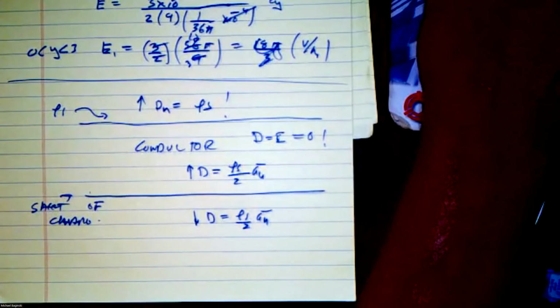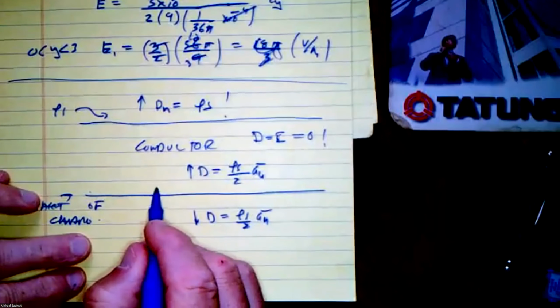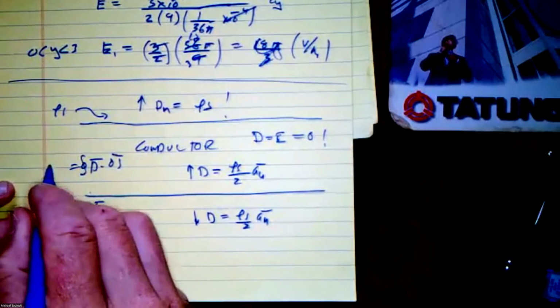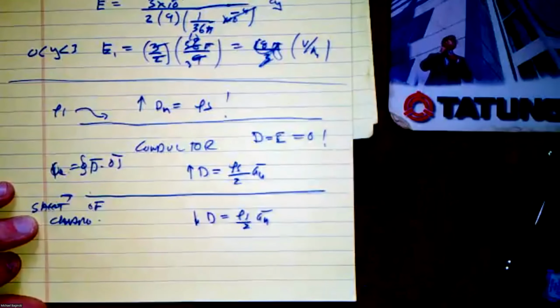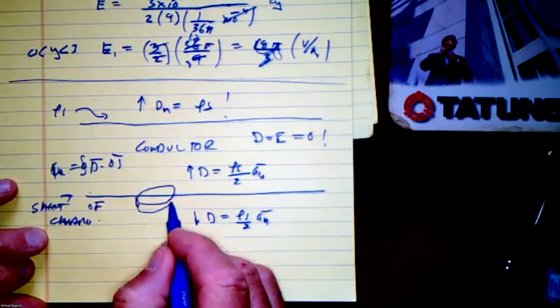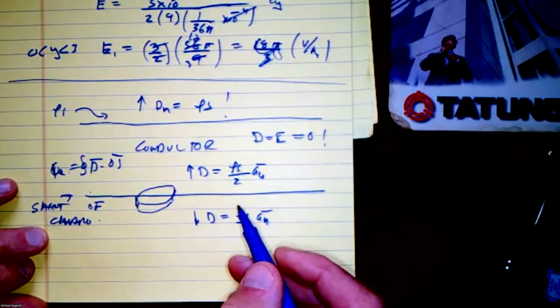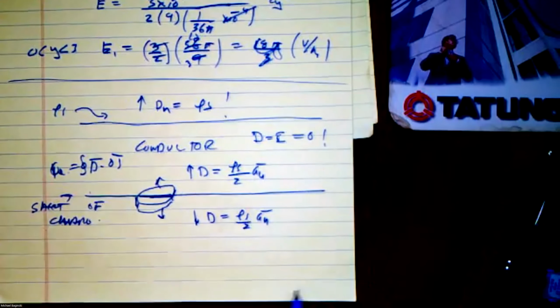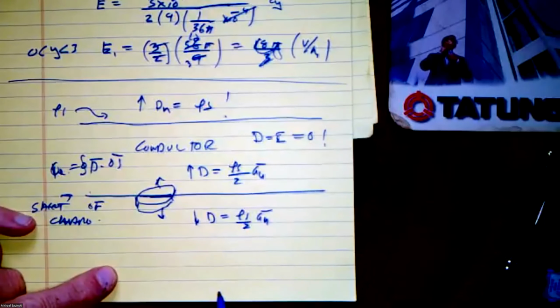You know the closed integral of D dot ds is equal to the charge enclosed, right? Yes. Make a little pillbox, centered on the axis there. The D field above and the D field below would be the same magnitude, right? Yes. Remember, it's a charge density.